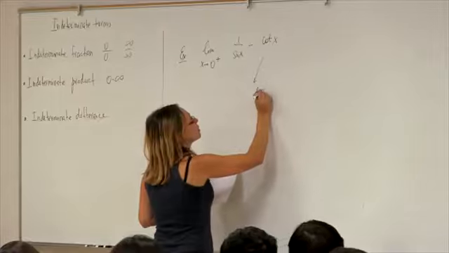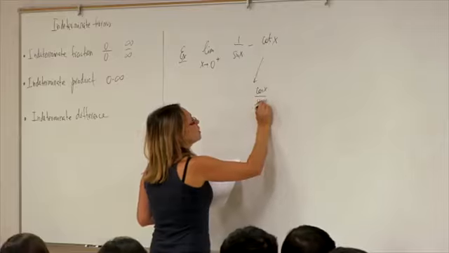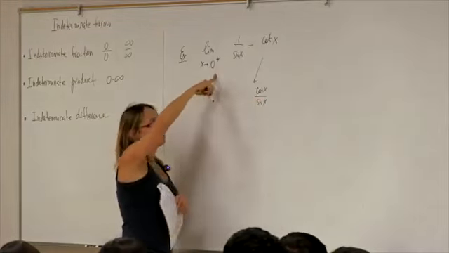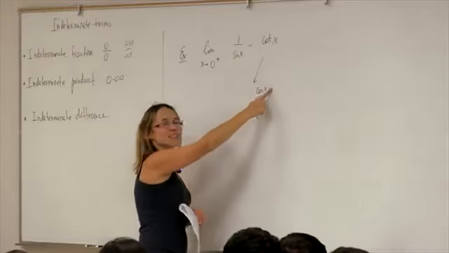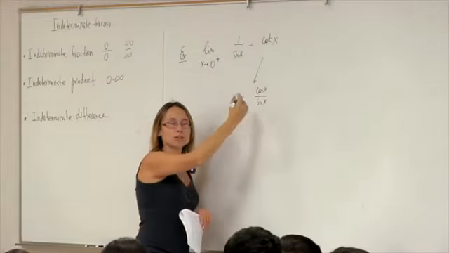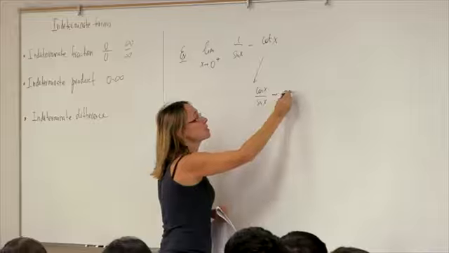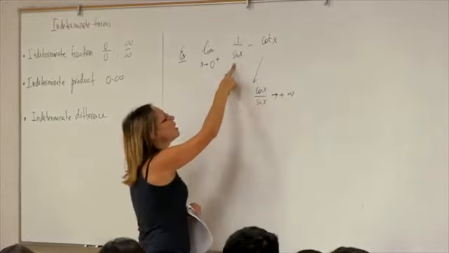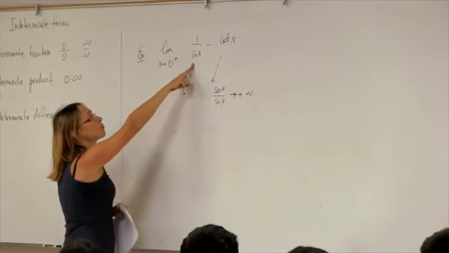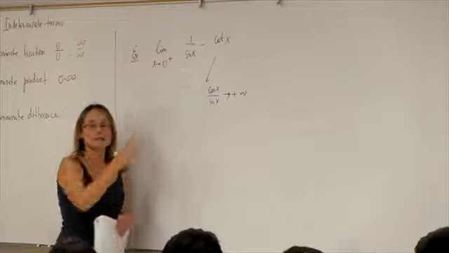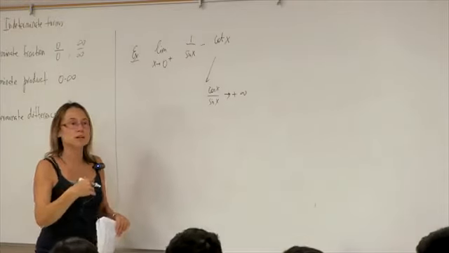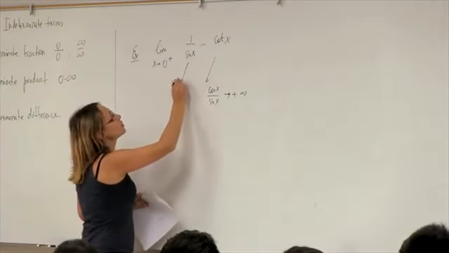It's cosine over sine x. So when x goes to 0 on the right, this guy stays 1, this is 0, so it goes to plus infinity. Okay. How about this term? As x goes to 0, sine goes to 0. 1 over sine goes to plus infinity also.